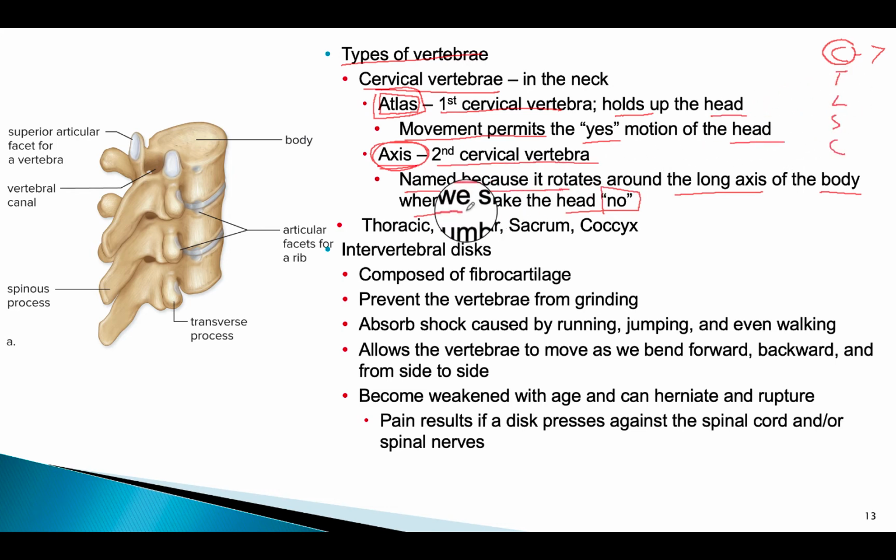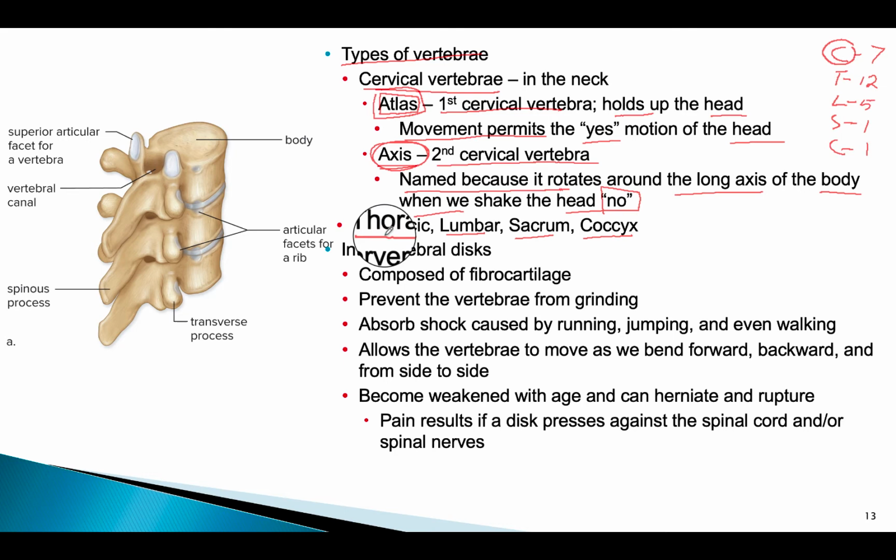For the rest of the vertebrae, we have the thoracic vertebrae, 12 of them all in all, and then the lumbar vertebrae, which total 5. The sacrum has 5 individual sacral vertebrae that fuse to become one after birth. The coccyx has about 4 or 5 individual bones that are also fused after birth. That is the total number of different vertebrae that we have.